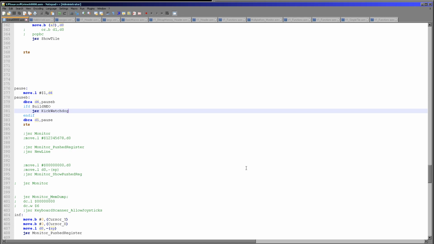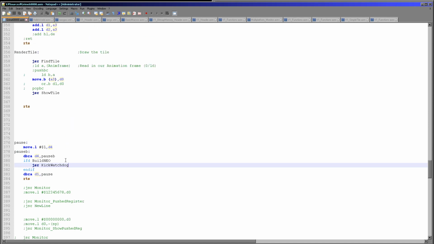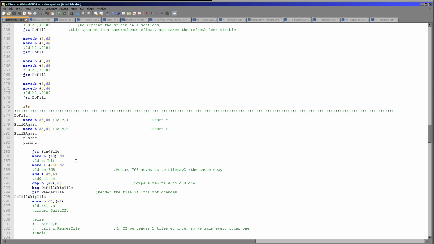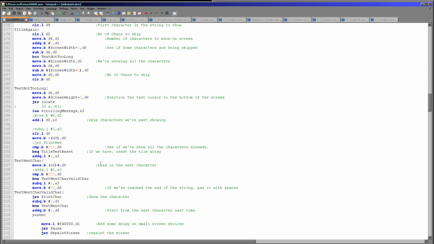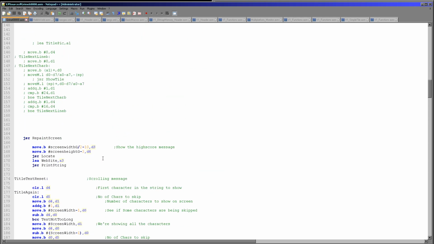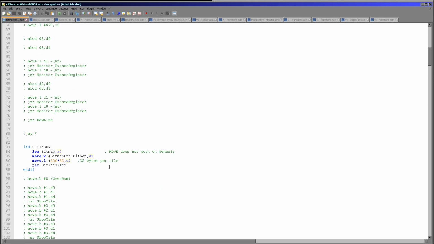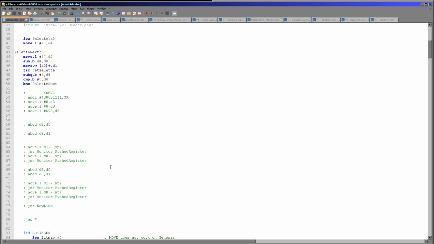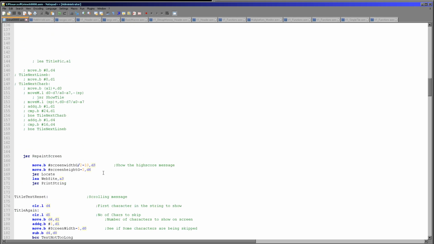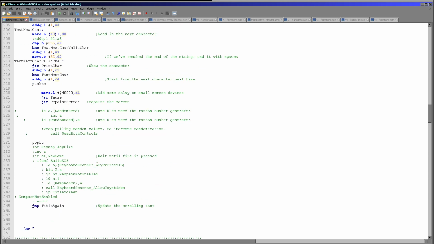So we do have to do that, and I'm doing that in this pause loop here. I'm not aware that would be causing any kind of problems, but I can't rule out that maybe there's some kind of bug in my code, because I would have thought that the registers were being protected sufficiently that wouldn't cause a problem. But, you know, maybe it's something to do with that. I'll just have to keep looking at it and see if it causes any of the problems until I figure it out.